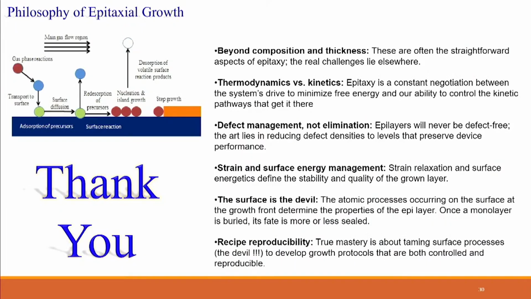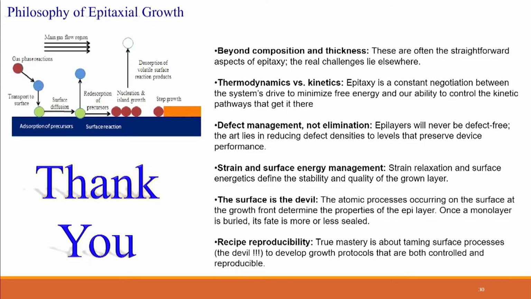This is not a summary, but the philosophy that I learned over the years through epitaxy. Often we think that while doing growth, composition and thickness are the critical things we have to tune, but these are some of the easier things in epitaxy.